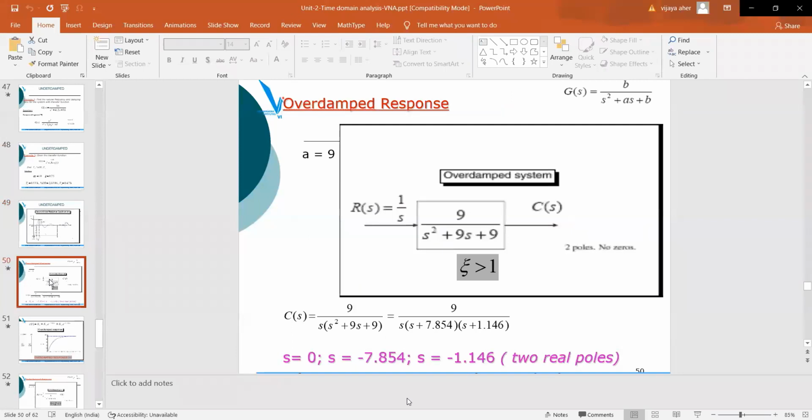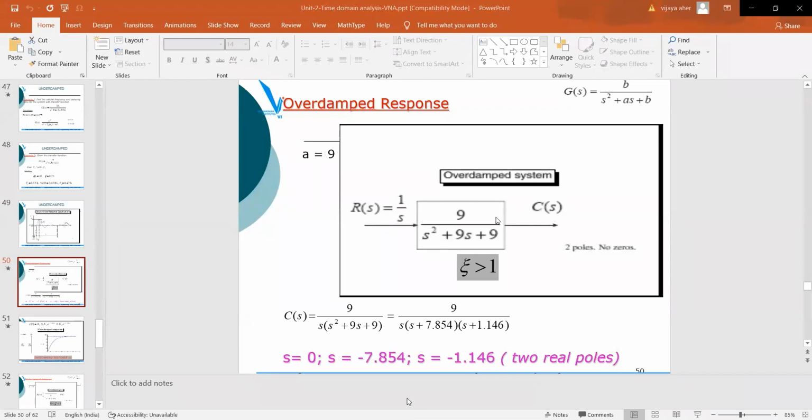Now this is the overdamped system when zeta is greater than 1. You have observed the response for this system. When zeta is greater than 1, we call the response overdamped. So you have to remember, zeta is greater than 1.